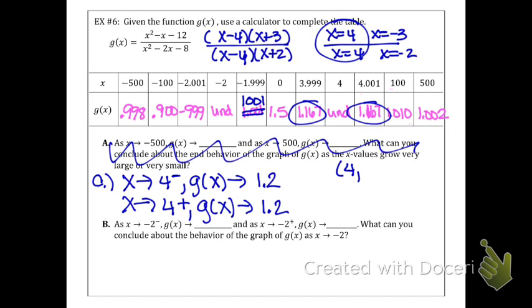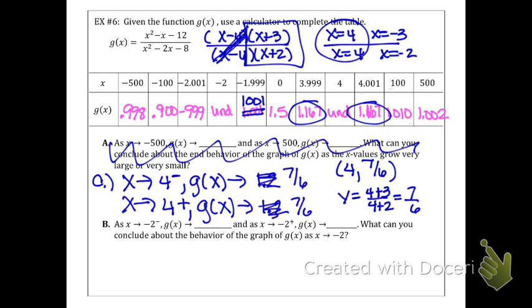And then remember, to find out the y value, you plug the 4 into your remaining factors. So these two would cancel. And so this is what I would plug the 4 into. So 4 plus 3 over 4 plus 2, which is 7 over 6. And so to be technical, these would actually be approaching 7 over 6.